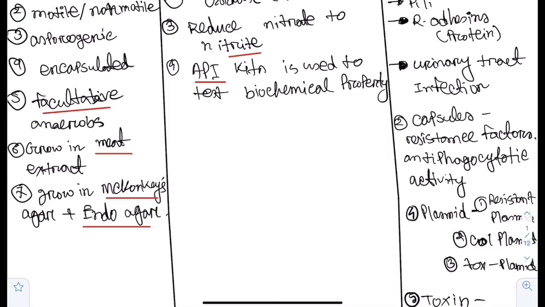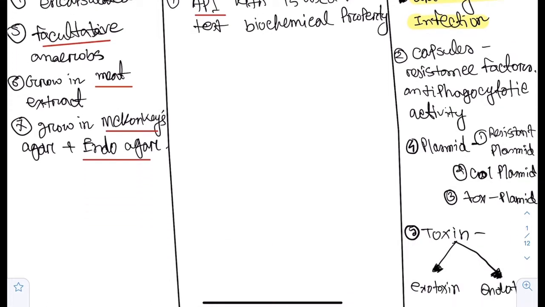And the major feature of Enterobacter, and also E. coli, is that it causes urinary tract infections. So in the hospitals, we will be able to see more urinary tract infections caused by E. coli or Enterobacter.